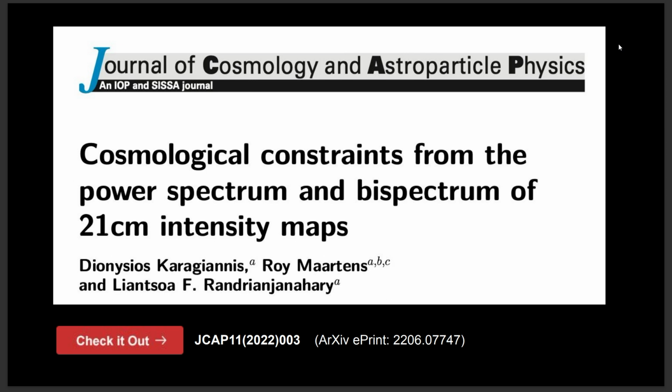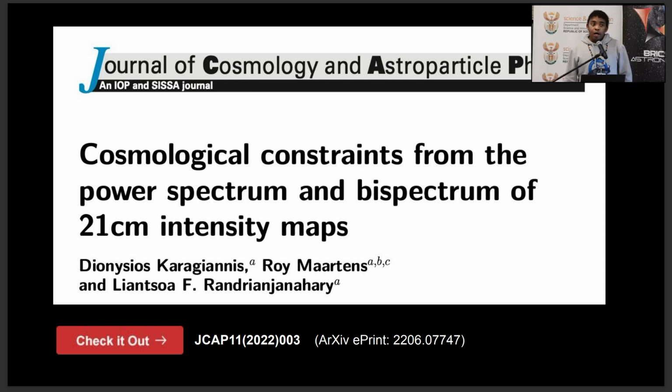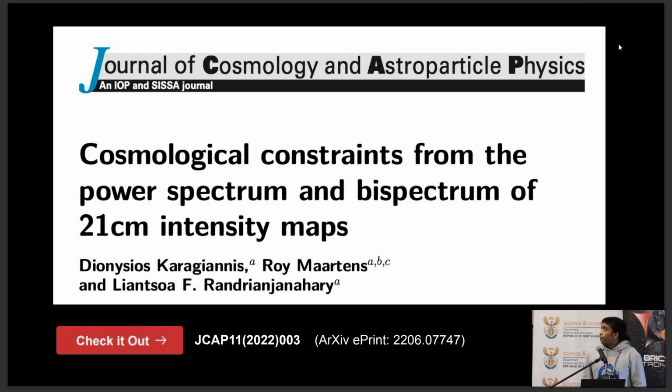This is actually an extension of a previous paper, which is a cosmological constraint from the power spectrum and the bispectrum of 21 centimeter intensity maps.